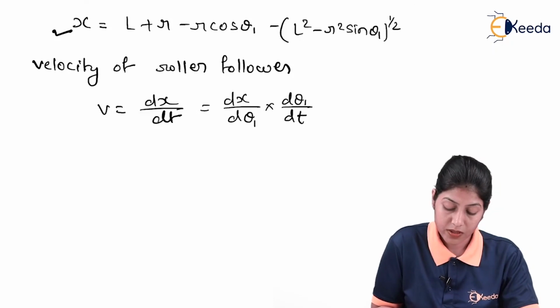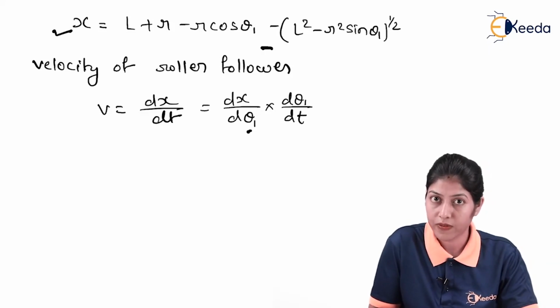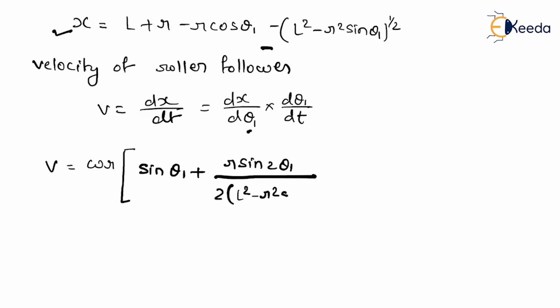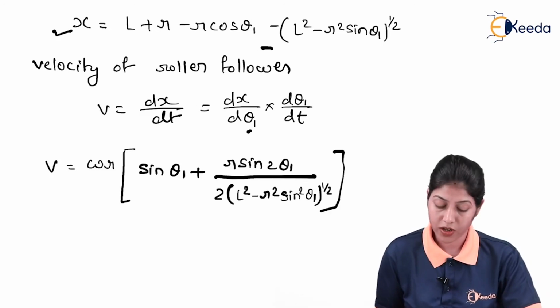Now we will further simplify this. We will differentiate this equation with respect to theta 1, and d theta 1 by dt will be the angular velocity of the cam.